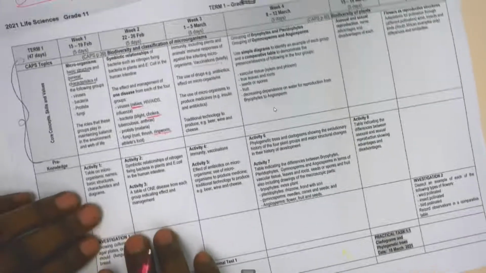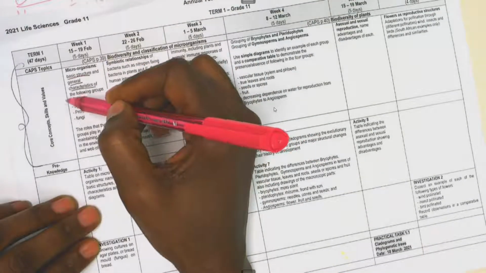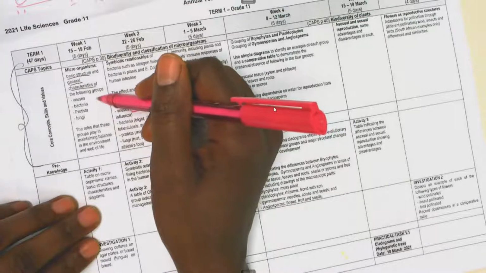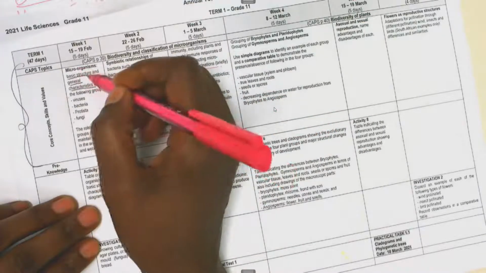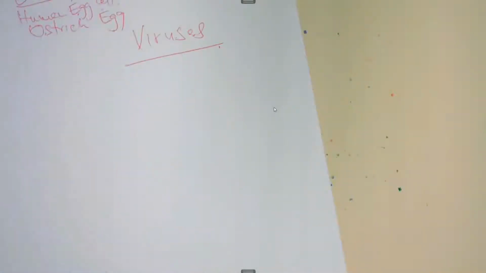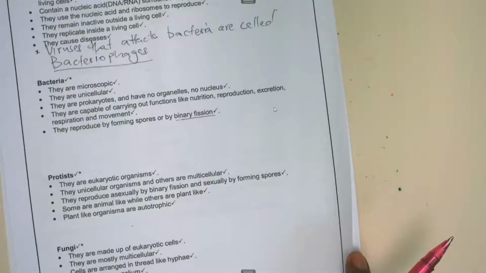When you check our ATP, from all these groups of organisms, what is it that we have to study? We have to study the basic structure and characteristics. So let us start with the general characteristics of viruses.